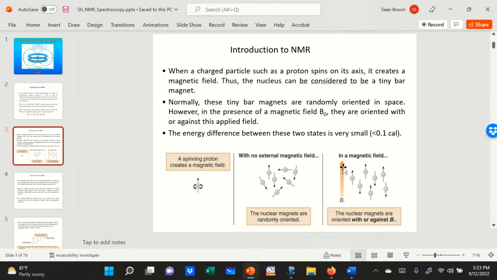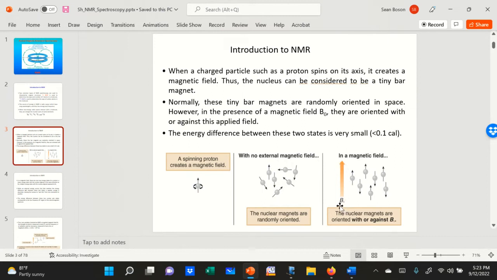When they freeze, some of them orient in the same direction as the external magnetic field, and some in the opposite direction. So we say the spins of the nuclei are aligned along the external field or aligned against it.